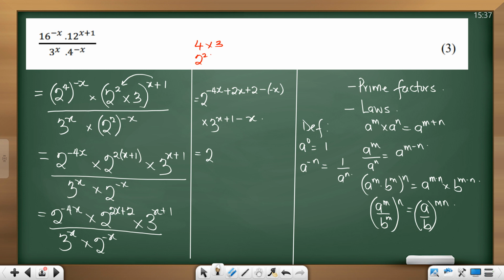Simplify. 2. I see a hand up. Lerato, talk to me. Your hand is up, Lerato.